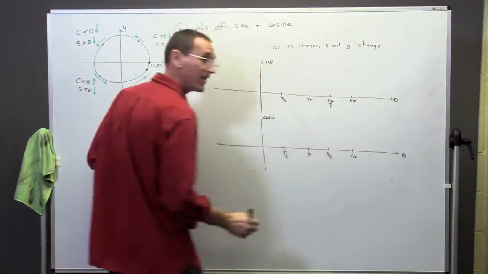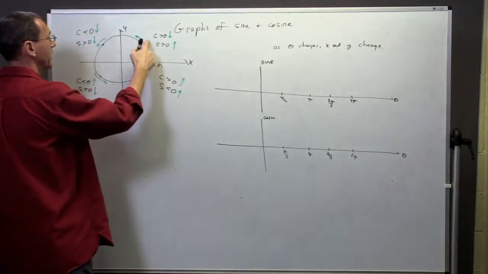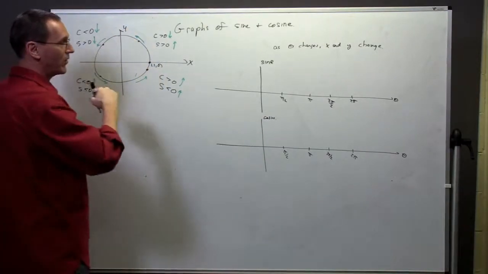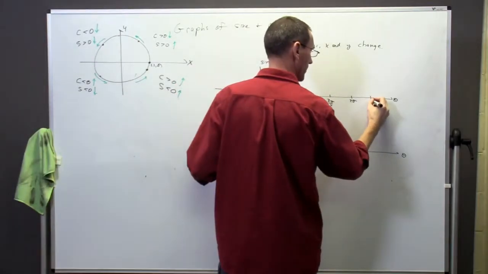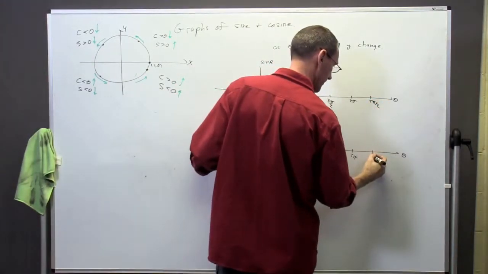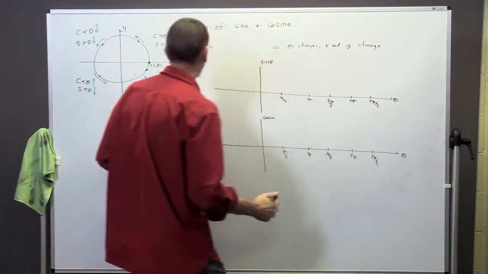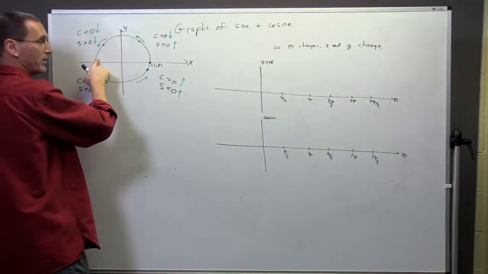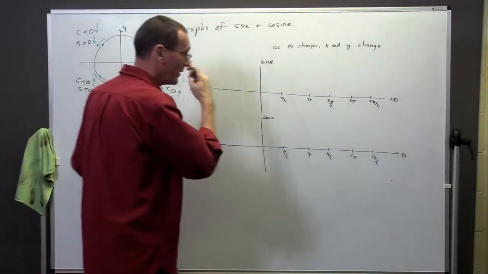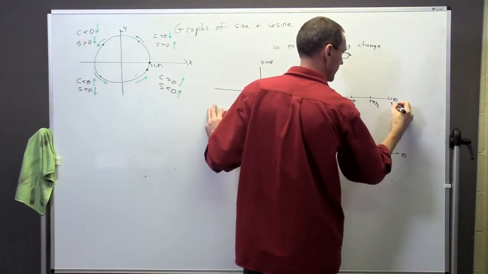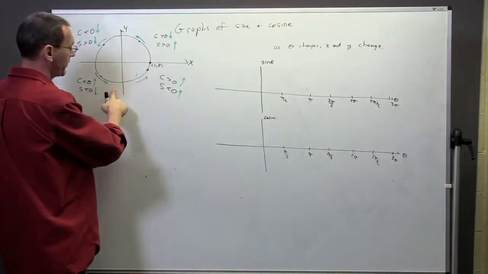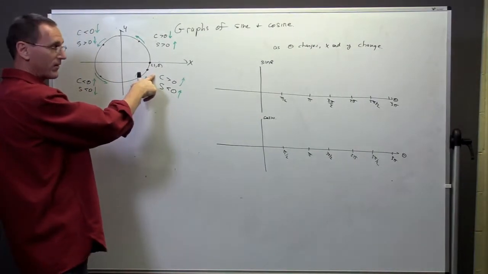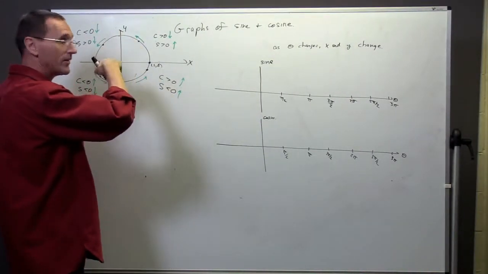Like so. But I can keep going around like that again. If I go around another pi over 2, that's going to be 5 pi over 2. And if I come around to here, that's going to be 3 pi. And then I'm going to come across to 7 pi over 2, then 4 pi, and just keep going around.